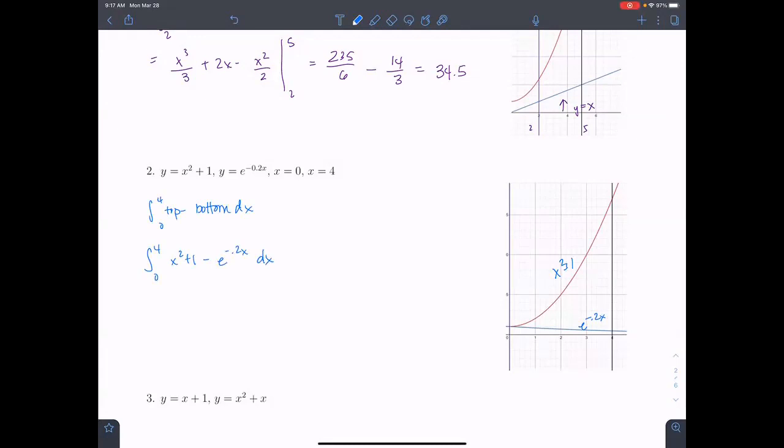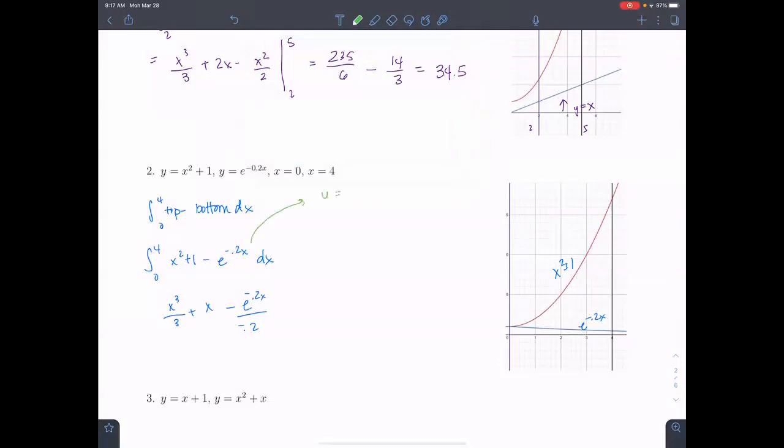Now, maybe you've noticed, the first part is just the power rule, or reverse of the power rule. The second thing would be e to the negative 0.2x dx divided by negative 0.2. So 1 over u prime times e to the u. But you could do a u substitution on that.